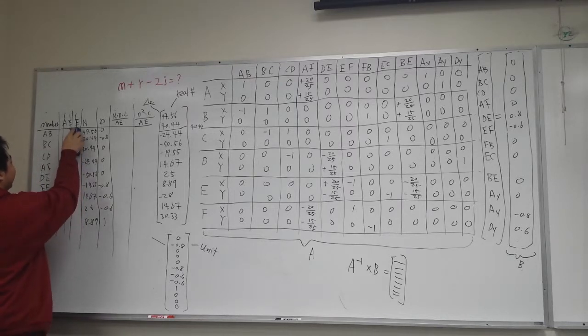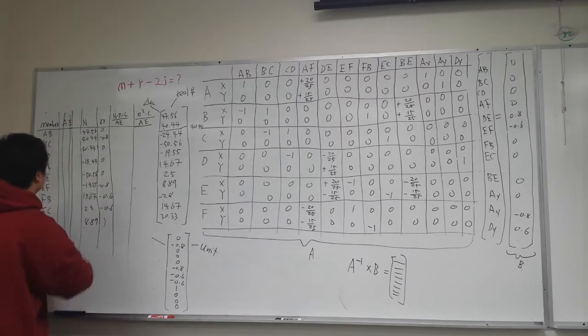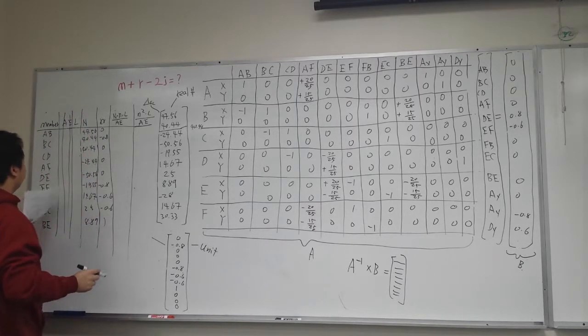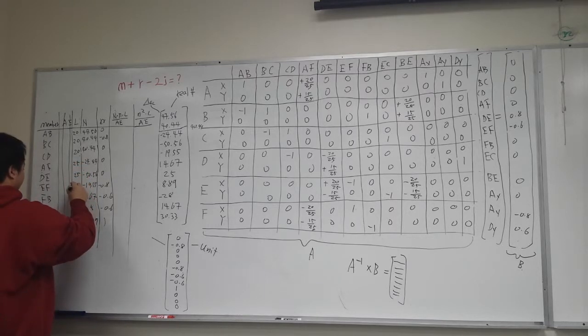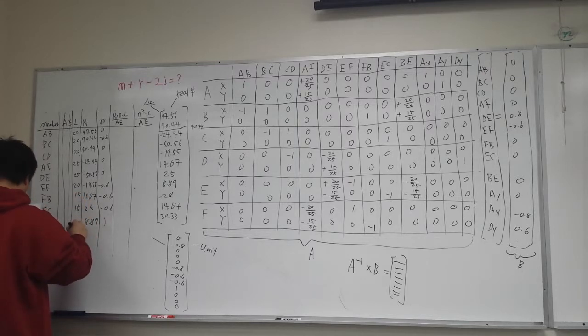It's okay, you could have just taken out A and E. I just wanted to let them know this AE over there. So 20 feet, 20, 20, 25, 25, 20, 15, 15, 25.